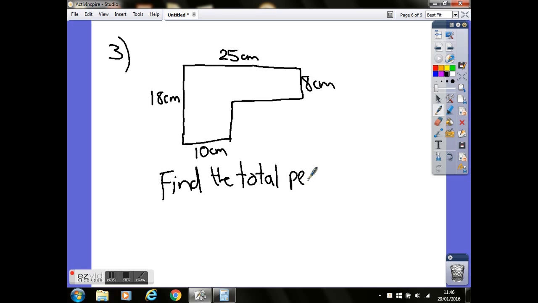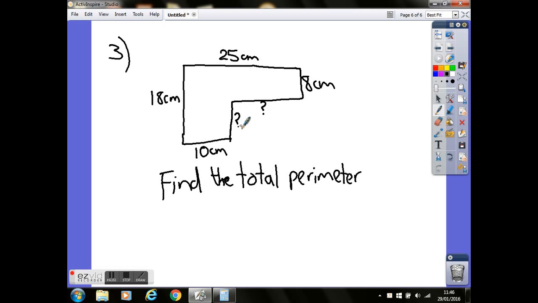Now we know from the previous examples that perimeter is simply adding all the sides together, every single side. So we're going to be looking again at the same method. However, at the start of this question there's two sides that we don't currently know, they haven't been given to us. However, we can work that out from what we already do know.